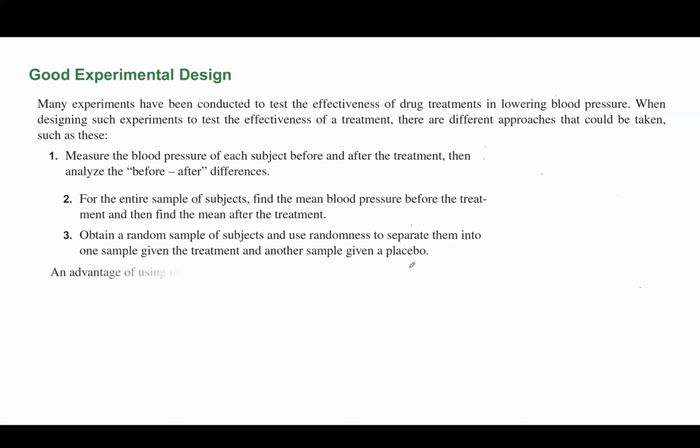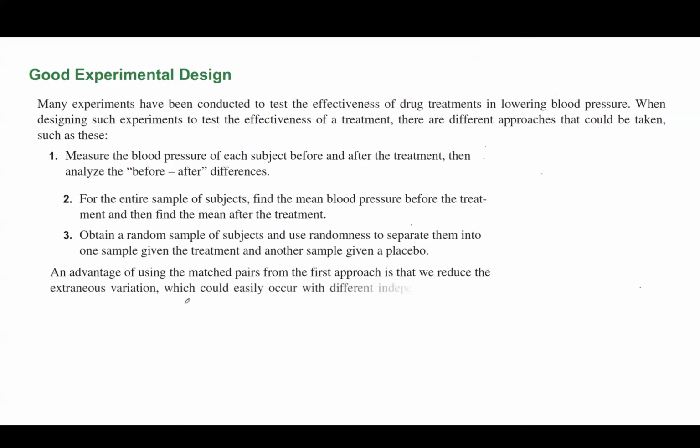So, what's the use of this? An advantage of using the matched pairs from the first approach is that we can reduce the extraneous variation, which could easily happen with different independent samples.